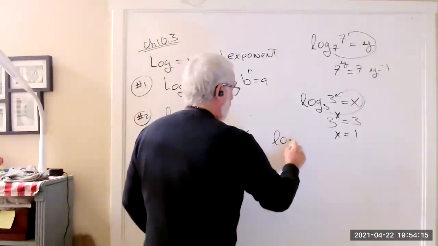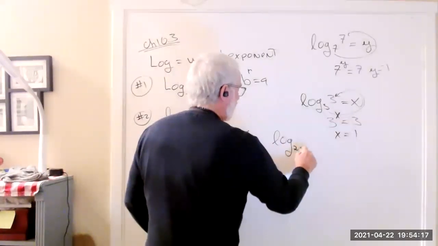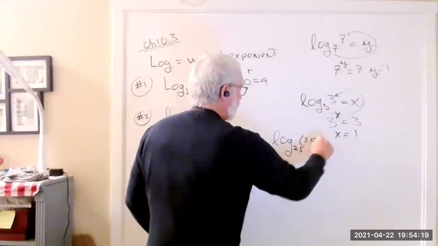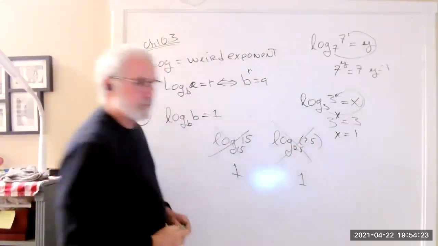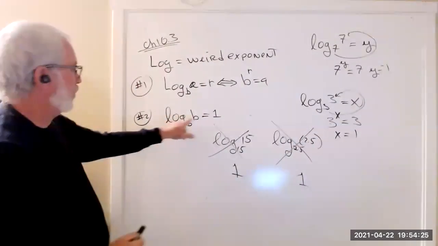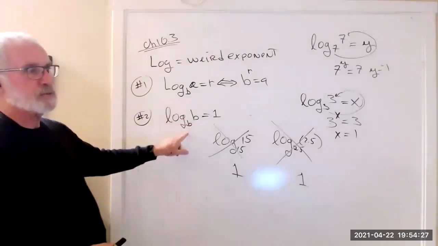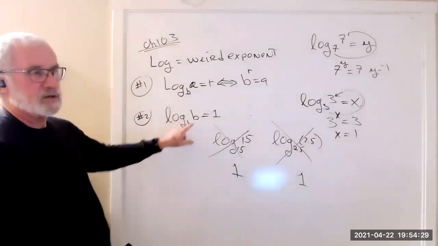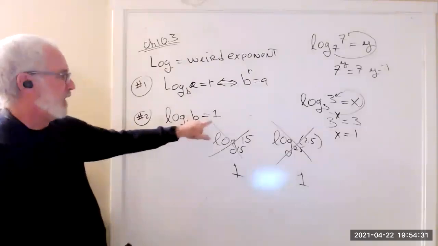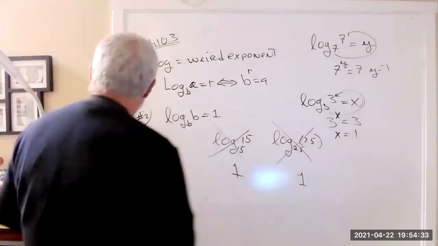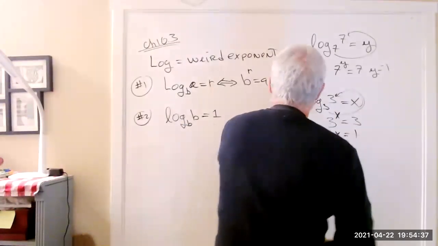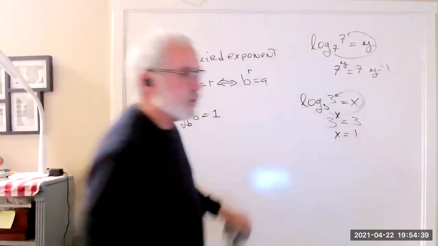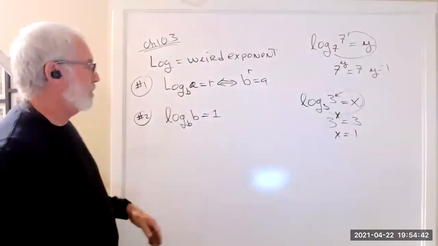Log base 2.5 of 2.5, forget it, the answer's 1. That's what that rule says. If those two numbers are the same, the answer will always simplify to 1. Now, if you can't remember that, your calculator will show you that. But the more you know, the faster you can work through a problem.